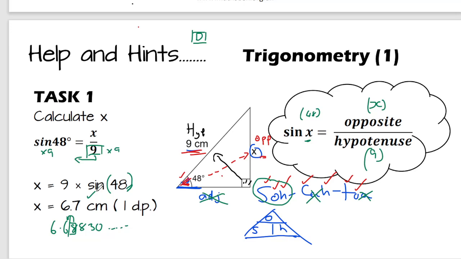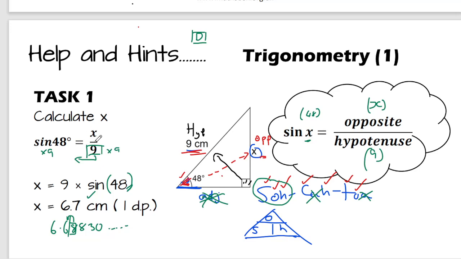Okay. So just as a recap, make sure it's in degrees mode. Put your hypotenuse in first, then your opposite. We know we're going to need sin, so we're always going to be using sine of the angle equals opposite divide by hypotenuse.